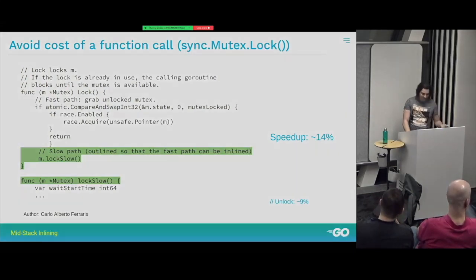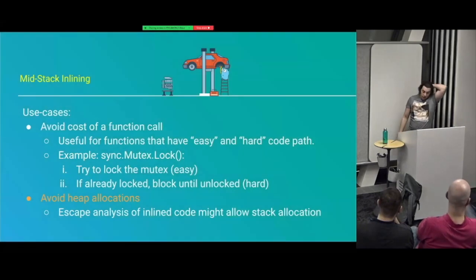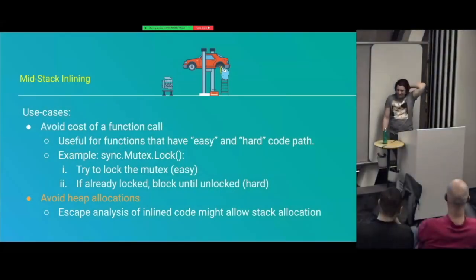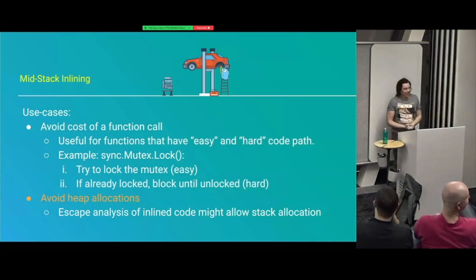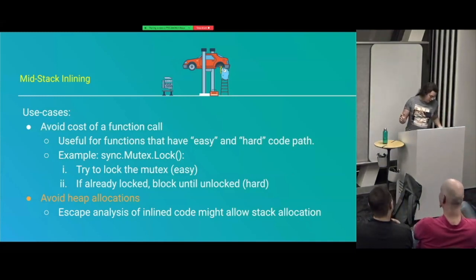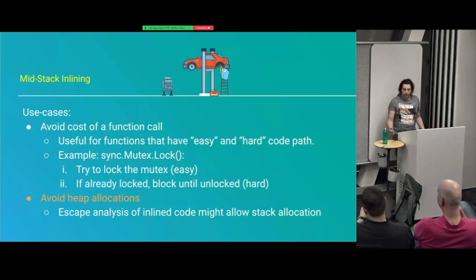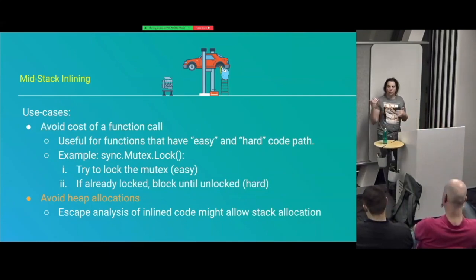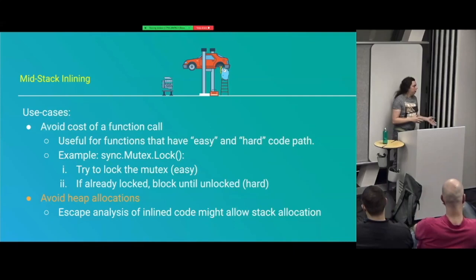Another situation when mid-stack inlining might make actual sense is when you want to avoid heap allocations. So for those who don't know, Go decides based on the code whether it has to allocate your struct or your array on the stack or on the heap.